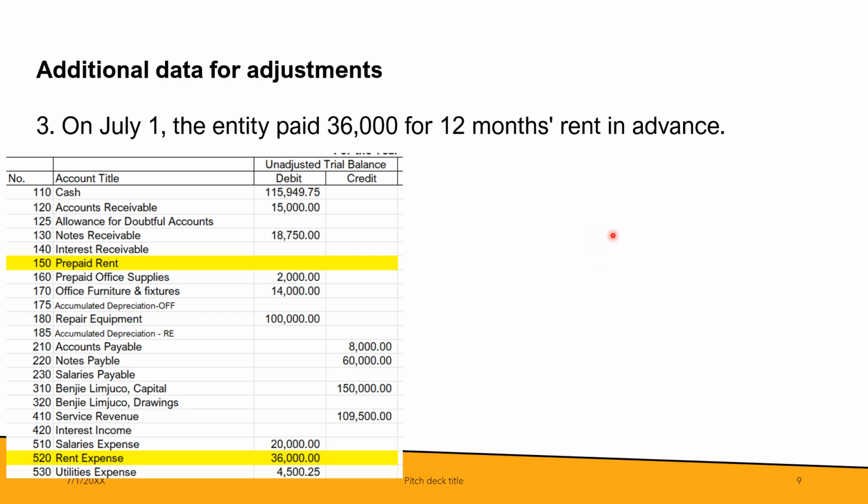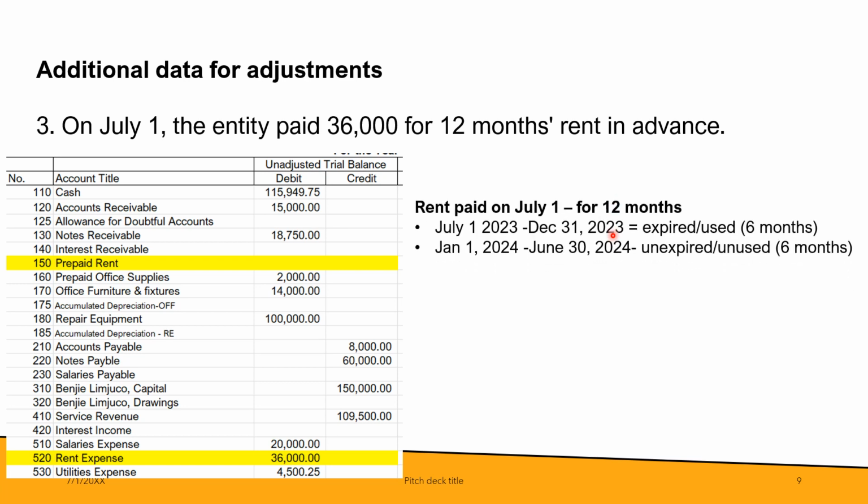Since it started July 1, if you count July, August, September, October, November, December, that's equivalent to 6 months. So your rent paid on July 1, which is good for 12 months, 6 months of which had expired, and the other 6 months are unused or unexpired.